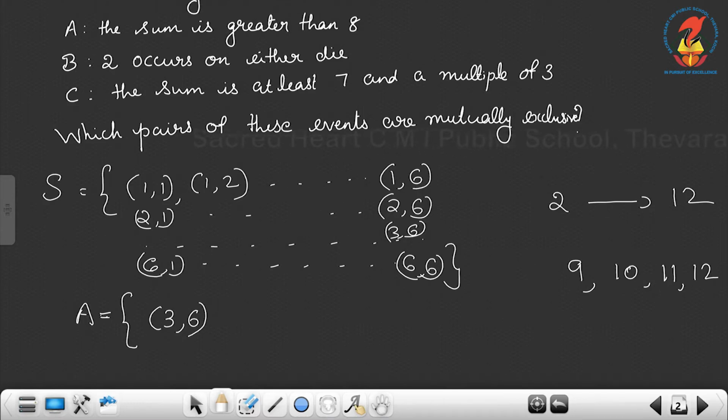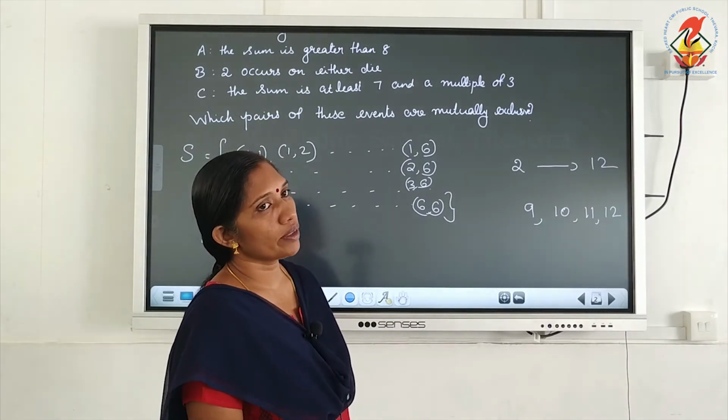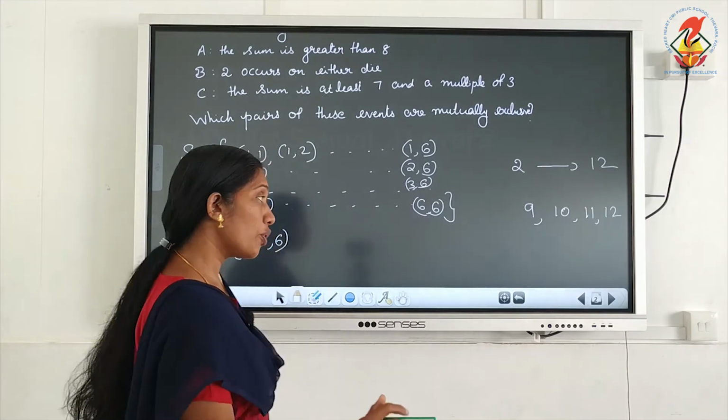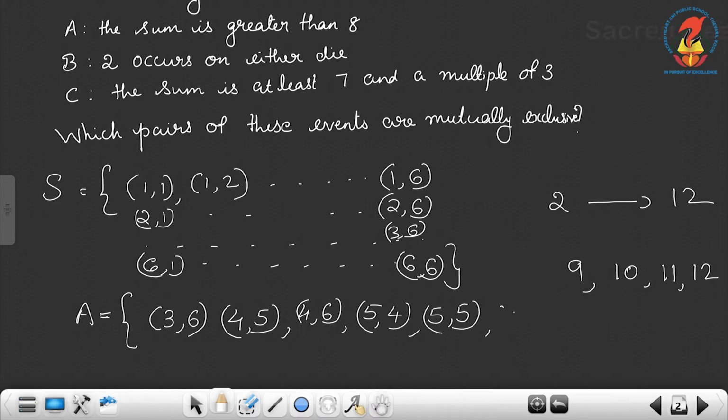Now in the fourth row 4, 1 is 5, 4, 2, 4, 3, 4, 4, 4, 5 we can write. 4, 5 and 4, 6. Sum is 9, here sum is 10. Now in the fifth row, 5, 1, 5, 2, 5, 3, 5, 4, 5, 5, okay, then 5, 6.